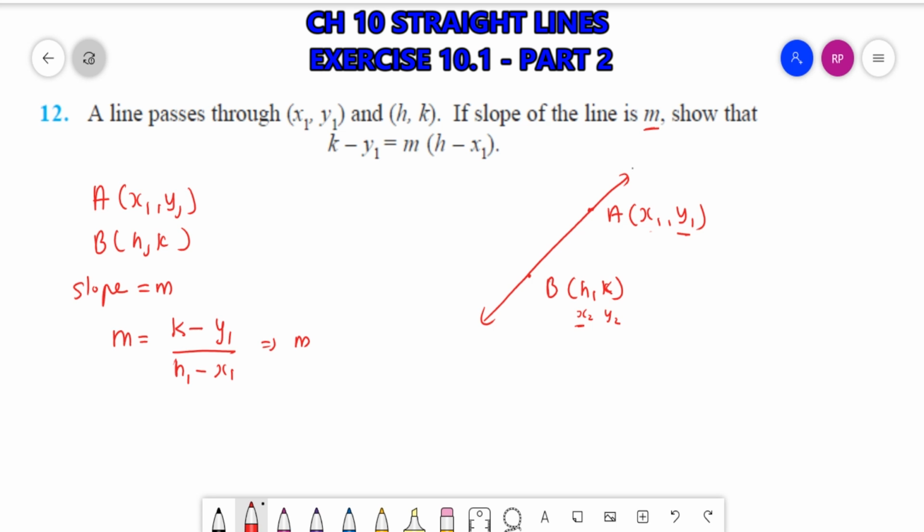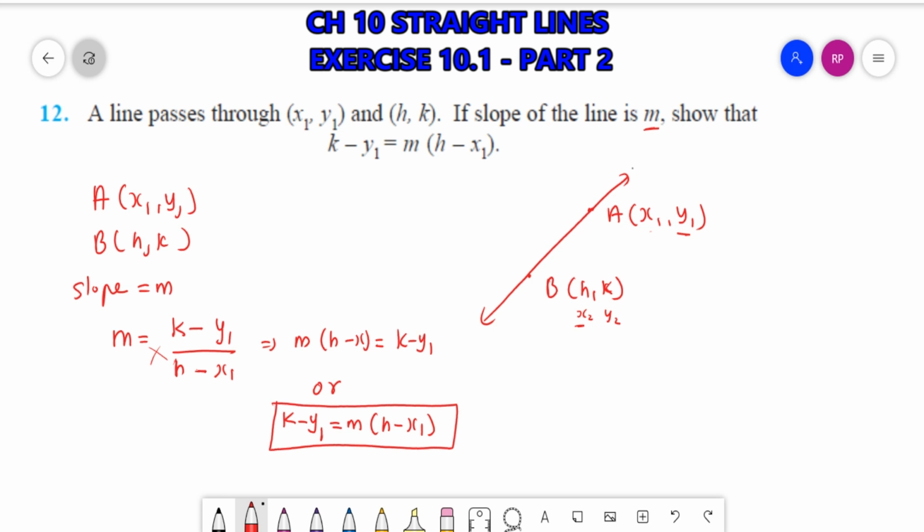When I cross multiply it, m into (h minus x1) equals k minus y1, or k minus y1 equals m into (h minus x1). Hence we have proved that when a line passes through (x1, y1) and (h, k), if the slope is m, then k minus y1 is equal to m into (h minus x1).